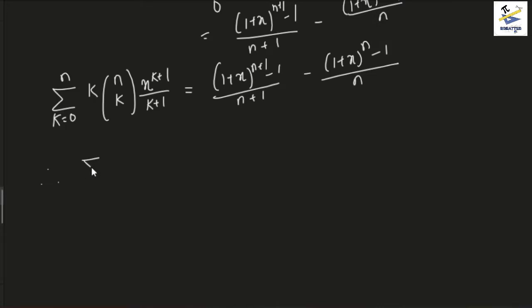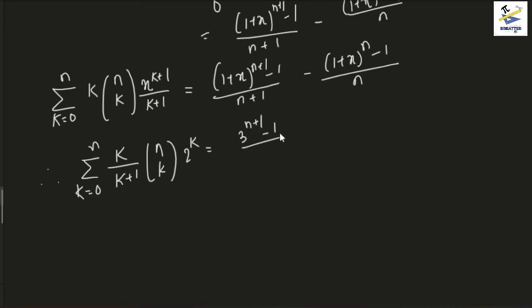And what we get is this: the sum of k by k plus 1 nCk 2 to the power k is equal to, so x is 2 here, which means this is 3 to the power n plus 1 minus 1 by 2 into n plus 1 minus 3 to the power n minus 1 by 2n.